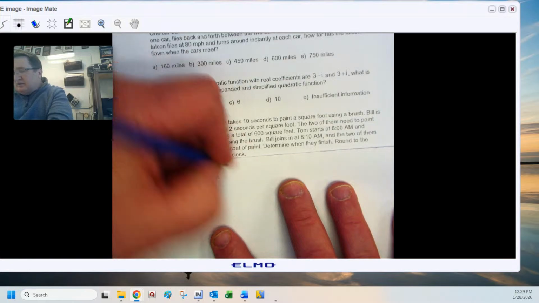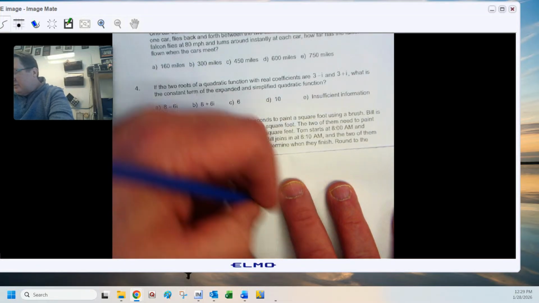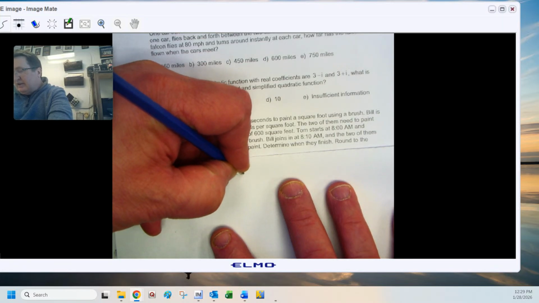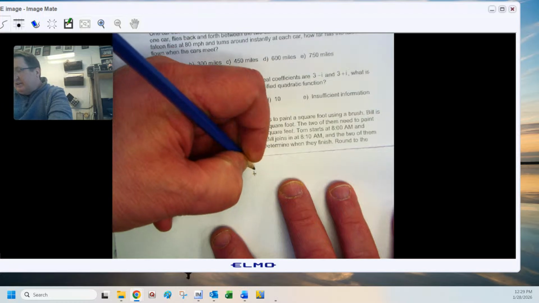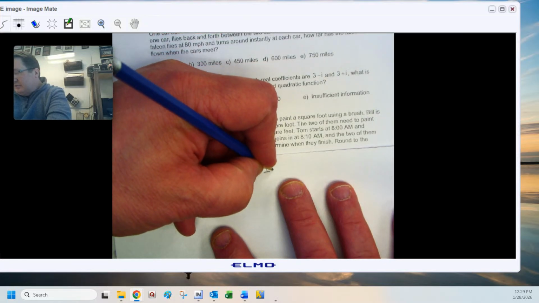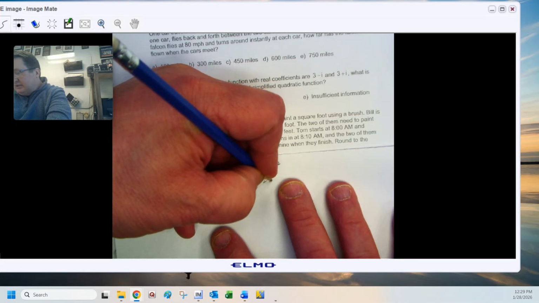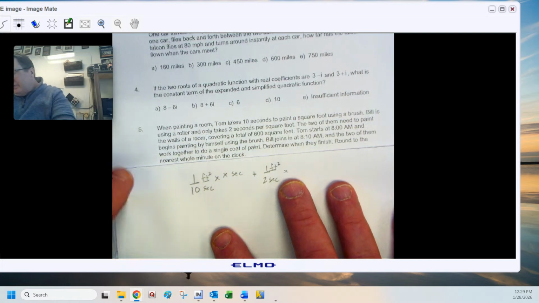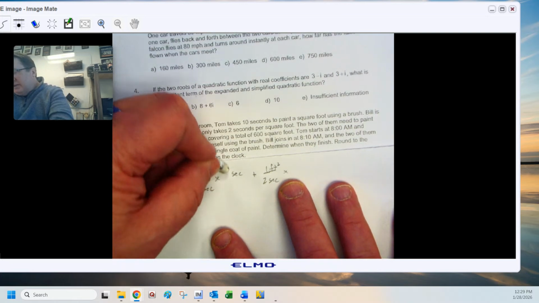And then we'd like to know how long it takes him. And so we'll just say, times X seconds. And we're going to add that to Bill. And Bill is painting at 1 square foot per 2 seconds. And how long is he painting? Maybe I'll change this X to something else.